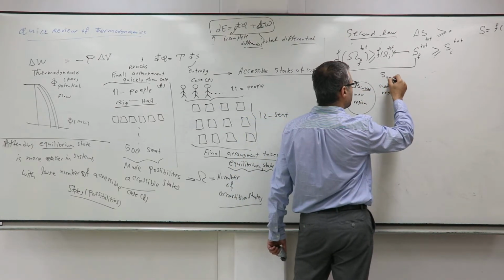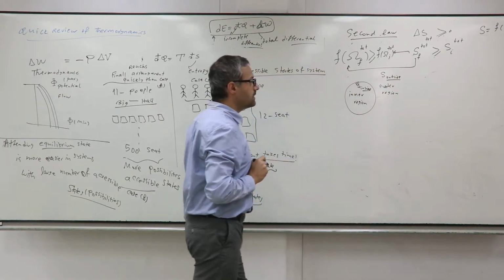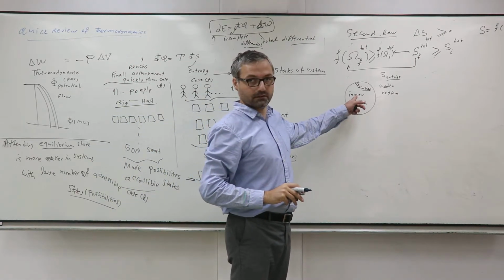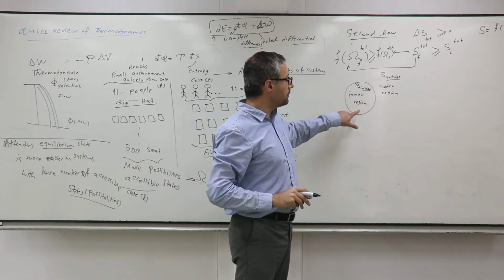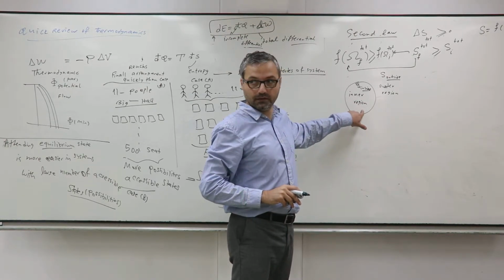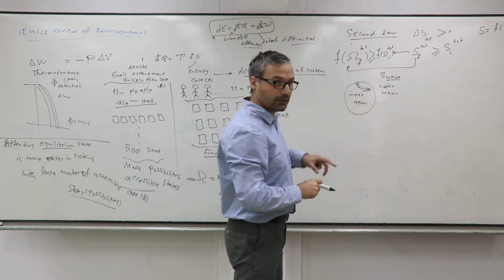And for the outside you can define S outside, but it is not very easy. Sometimes reaching the inside is impossible. Sometimes there is a great wall here, like a firewall, and you cannot pass it.